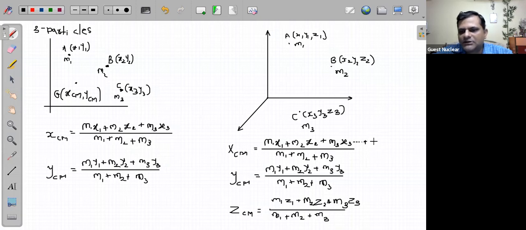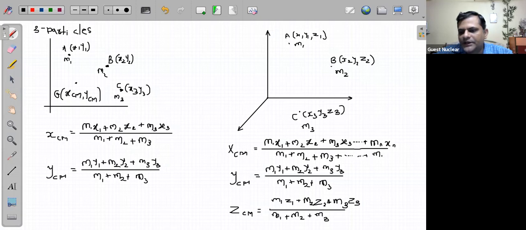We can say that it will be m1x1 plus m2x2 plus m3x3 plus m4x4 plus dash up to mnxn, where n is the number of particles, and in the denominator also we have to add m1 plus m2 plus m3 plus dash up to mn.